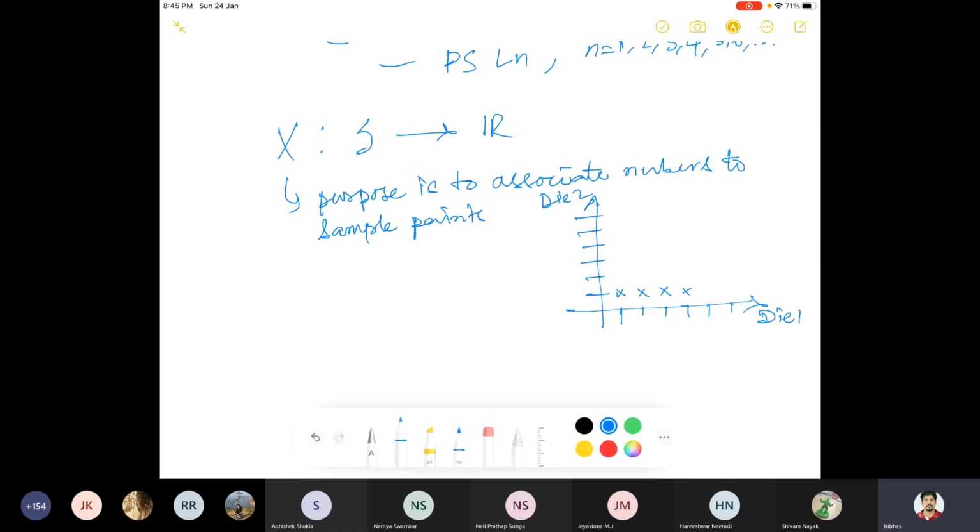But there are quote unquote any functions, and we will not go into the depth of which functions are random variables.